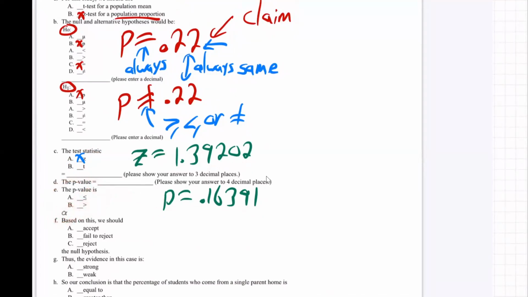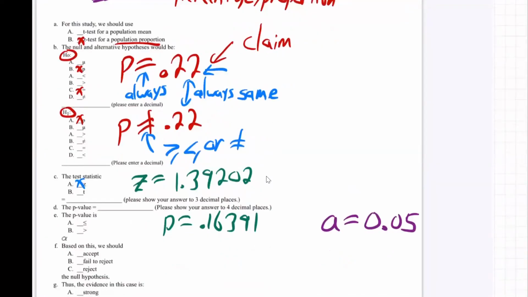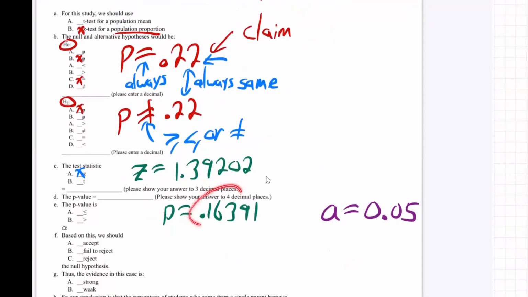So we're comparing the p to the alpha. What is the alpha? Well, the alpha is the significance level. It says that right up above, and it says it right here, 0.05. Okay, so is this p-value greater or less than this alpha?